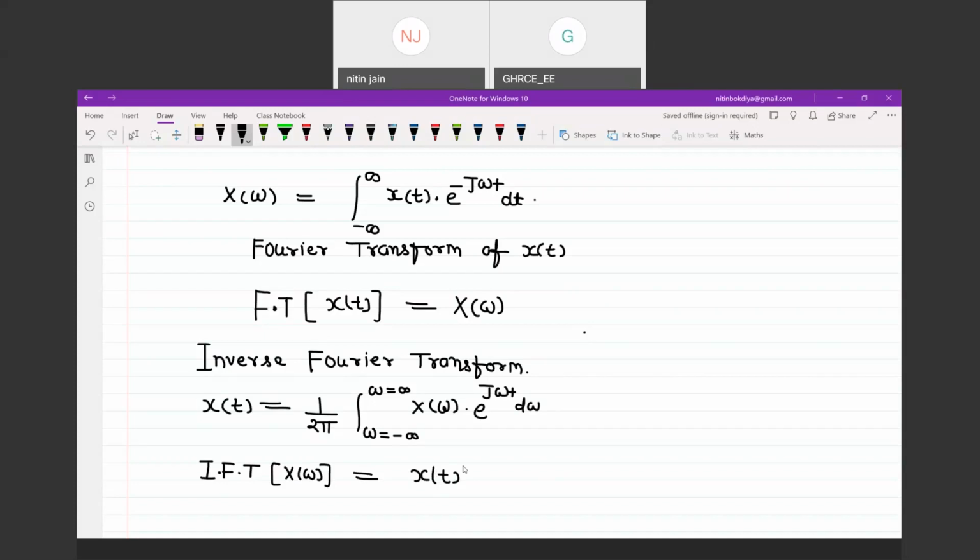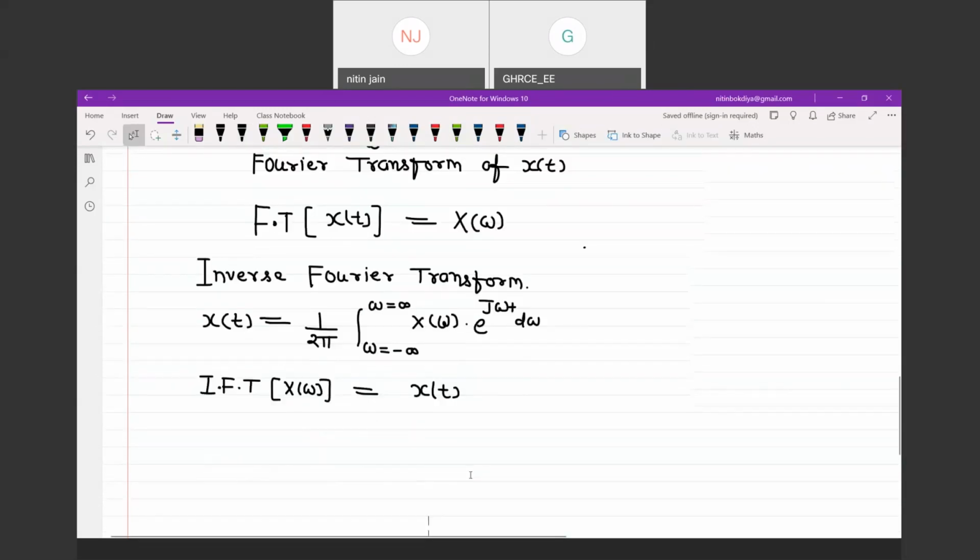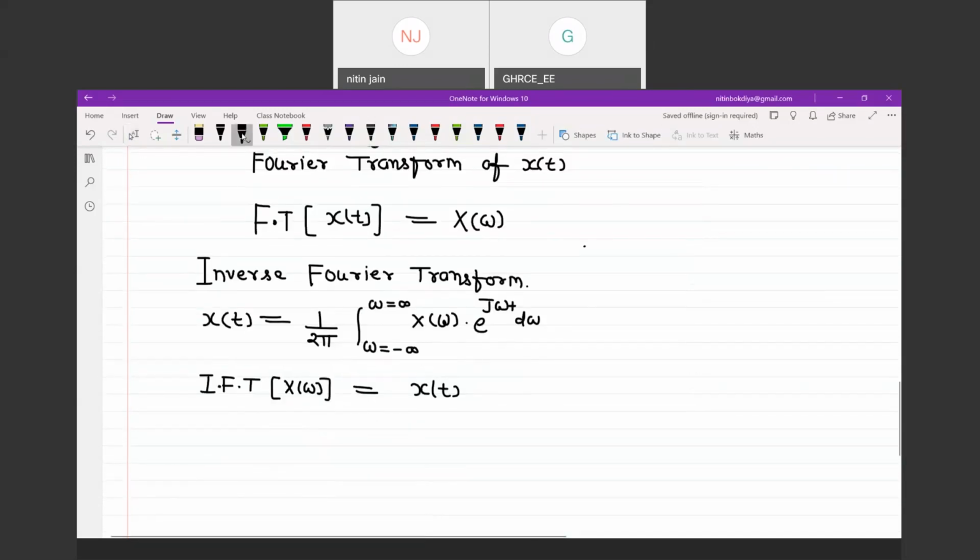And one more thing, you can define this function in the f domain also. Omega can be written as 2 into pi into f. So you can write d omega as 2 pi into df.